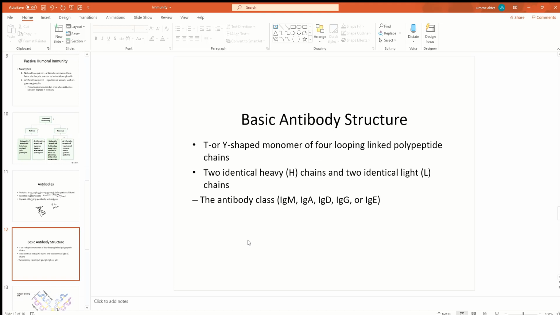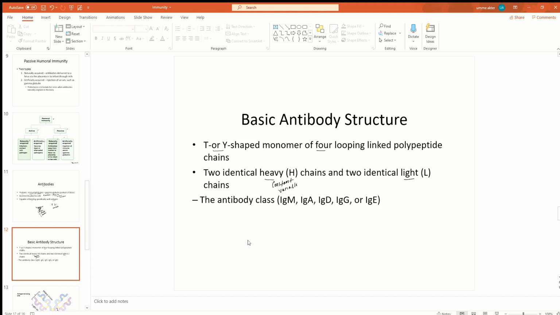Now if you see the structure of an antibody, as I have already mentioned, it is usually T or Y-shaped, a monomer of 4 linked polypeptide chains. So there are 4 polypeptide chains. 2 are called heavy chains because they are bigger, and 2 are called light chains, they are smaller. And each heavy and light chain has a constant part and a variable part.